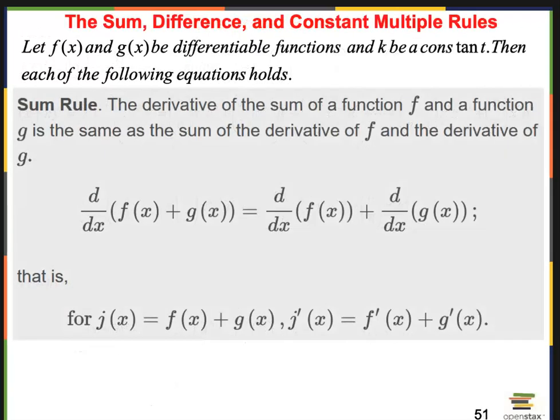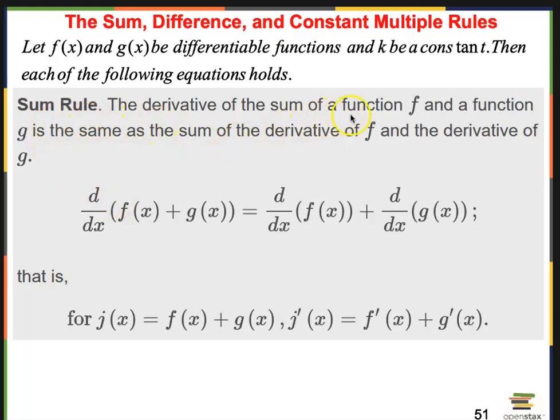What about the sum, difference, and constant multiple rules? Let f of x and g of x be differentiable functions and k be a constant. Then each of the following equations hold. So we have the sum rule.